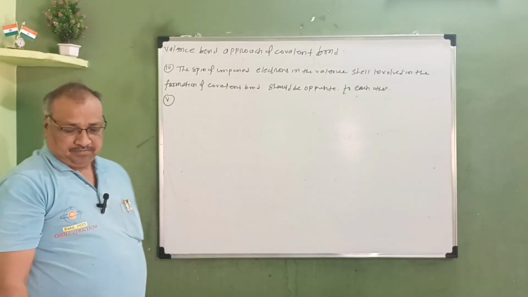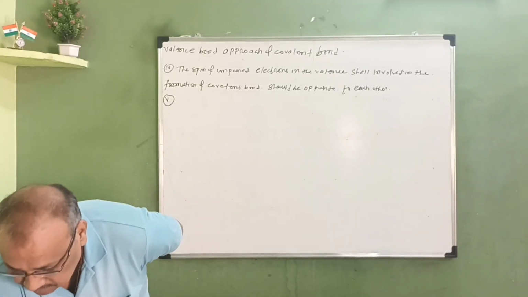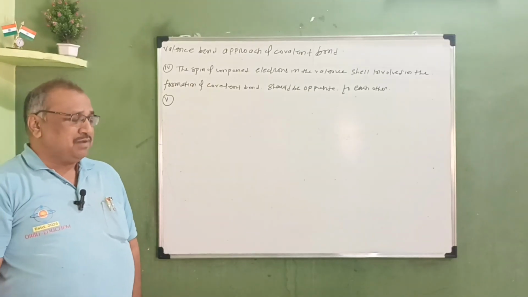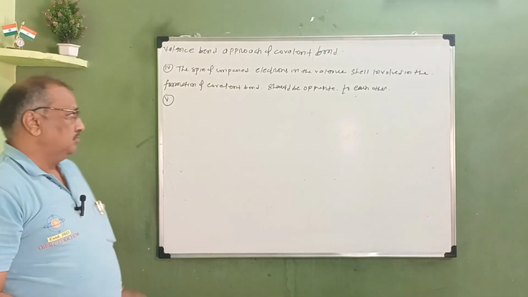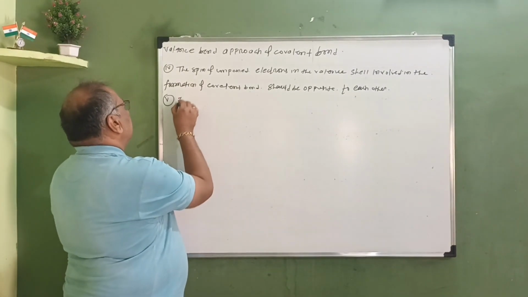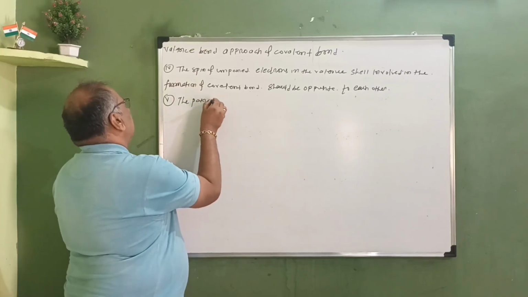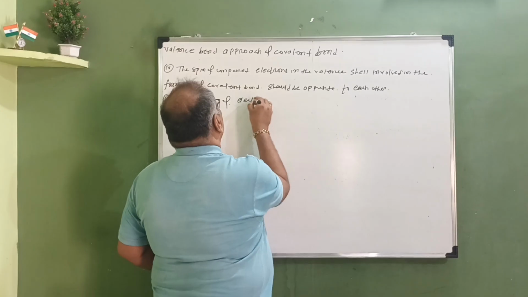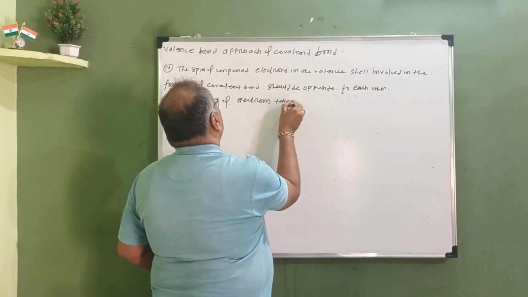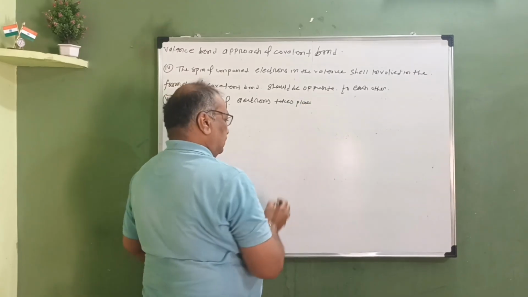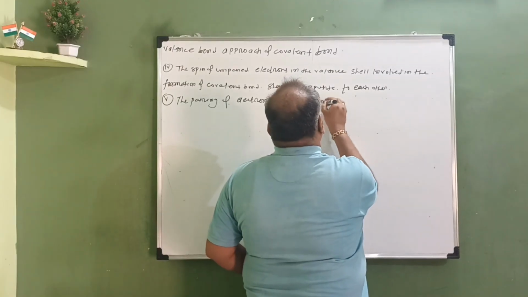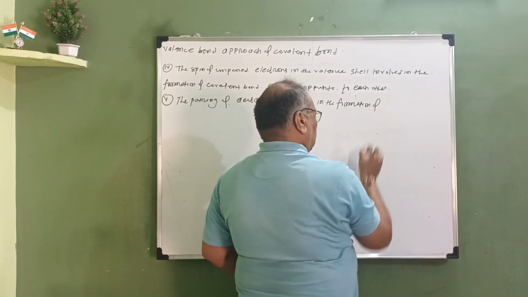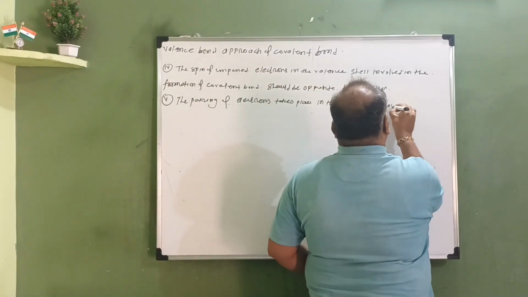Then next, the pairing of electrons takes place in the formation of covalent bond.